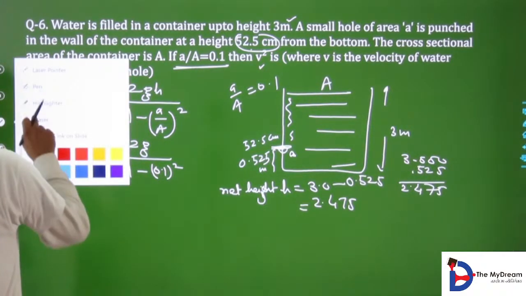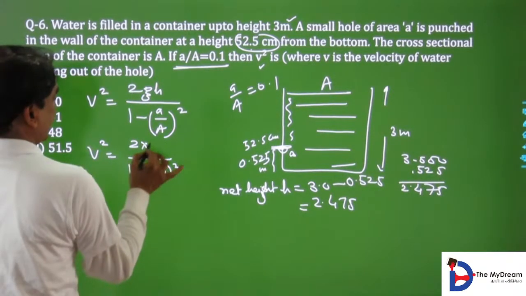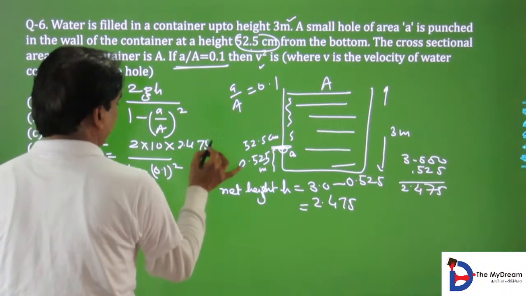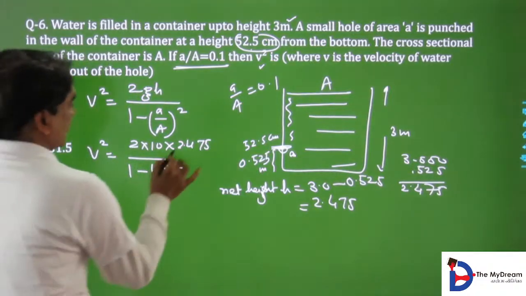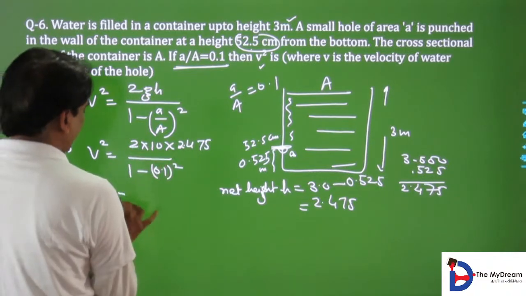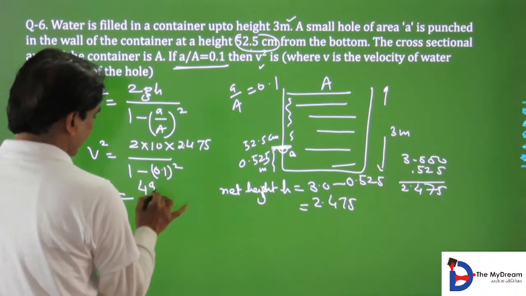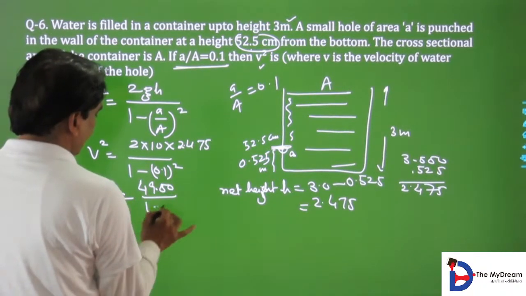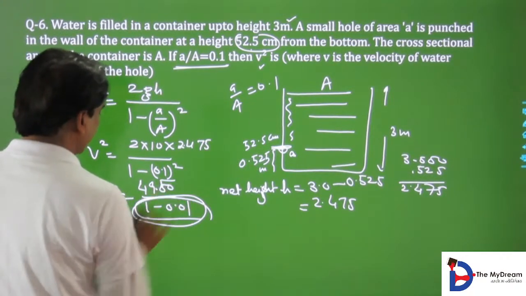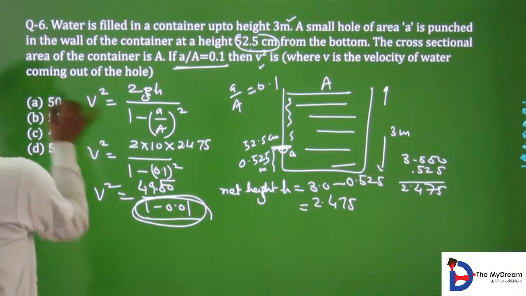You can put the value of g as 10 and this 2.475. This comes to about 49.5. There is no effect of it. So which one is correct? This is 49.50, which is about this.